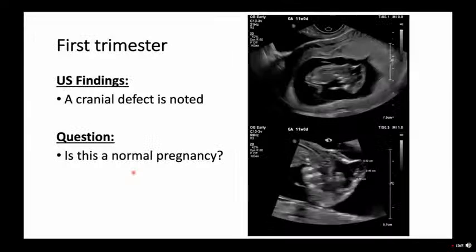So if I show you these still pictures, remember the ISUOG guidelines say to make sure that the cranium was intact, right? And if we zoom up here, this looks a little unusual, right? Like the skull, there's something herniating out of the back of the skull here.